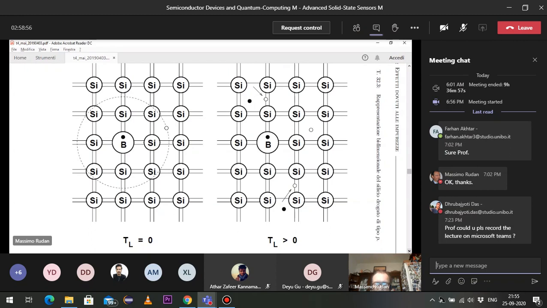When you have a temperature that is non-zero, well, it happens what happened with phosphorus, just in the dual situation. The orbiting hole is released, and this eventually will be found to be a hole that belongs to the valence band. So in this case, we enrich the valence band, and the boron atom will stay negatively ionized. So there will be an extra negative charge in the boron.